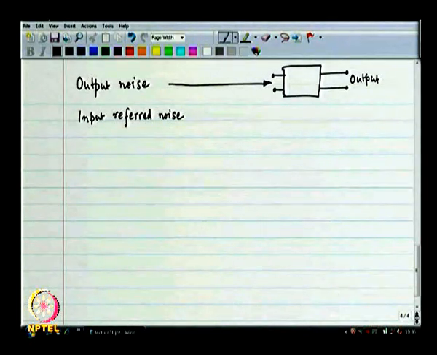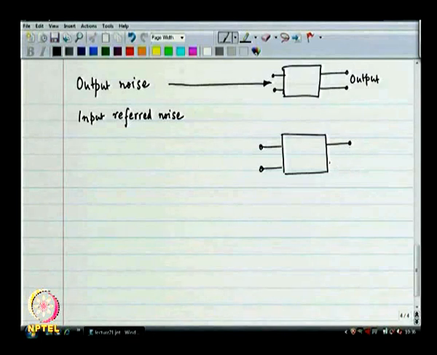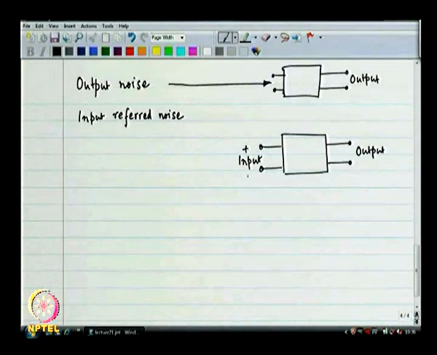Now, you do this exercise, you find out the output noise and you consider your system having an input and you have your output. Right.